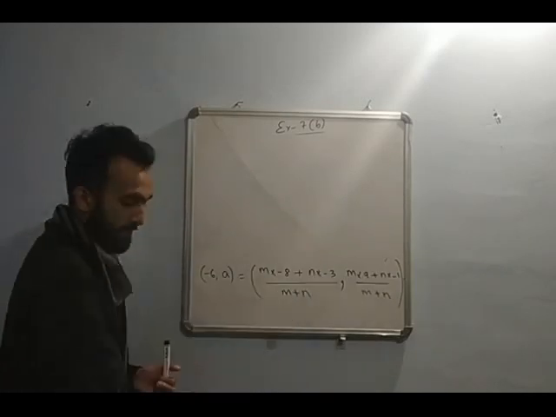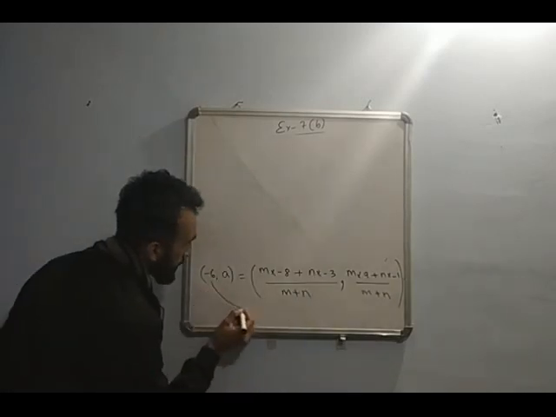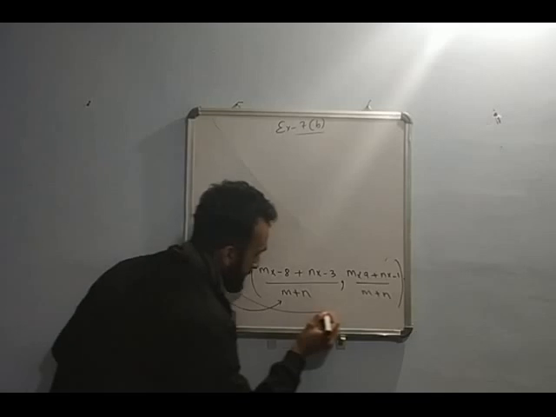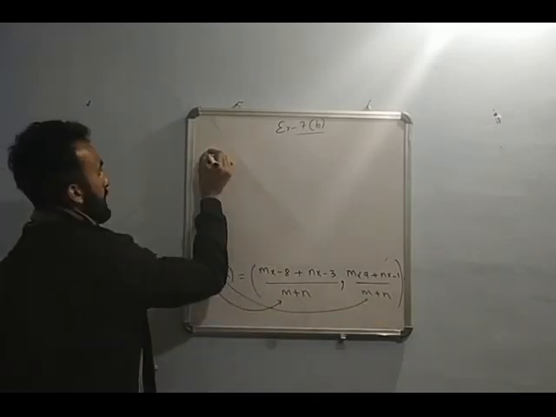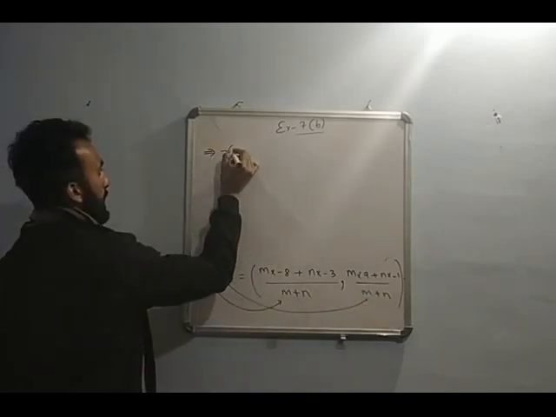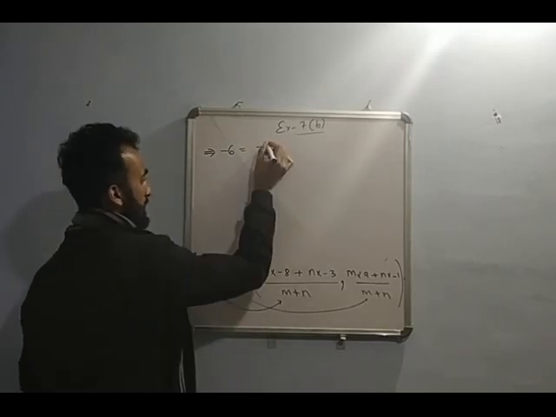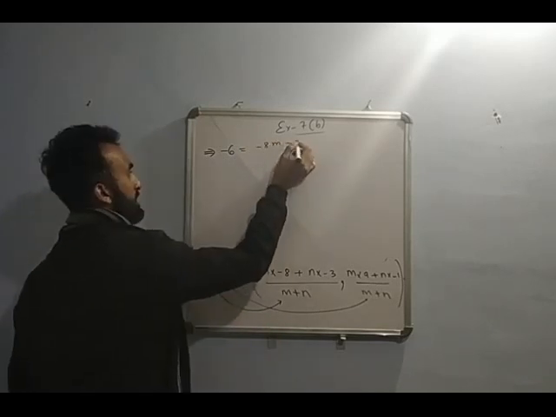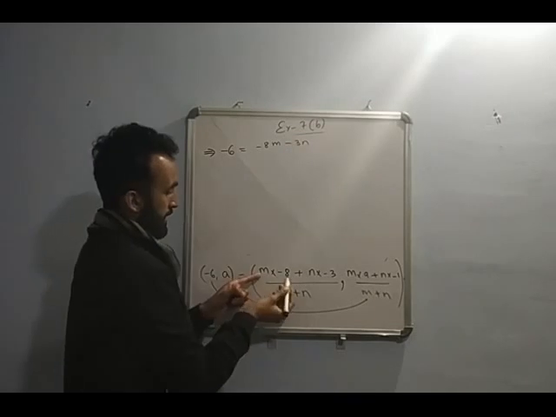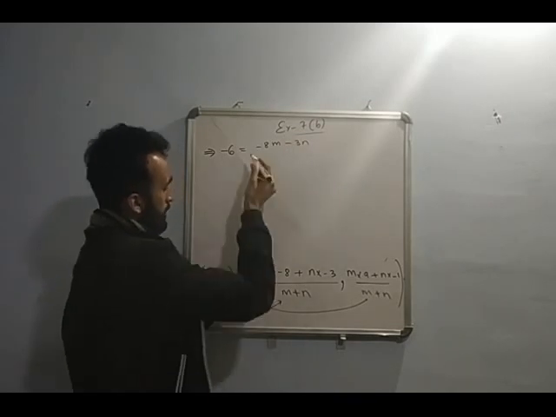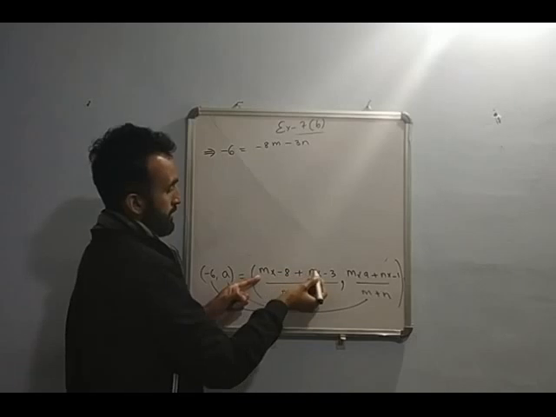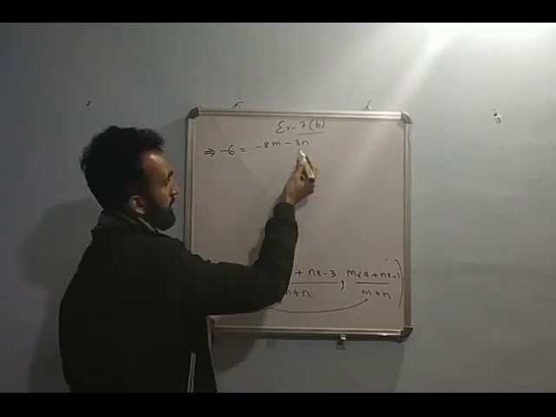Okay. That means what? I also told you that the first one equals to first and the second one equals to second. Let me write down, which implies what? Minus 6 is equal to minus 8m minus 3n. Just check. Minus into plus into minus is minus, 8 into m 8m, plus into minus minus, 3 into n 3n.